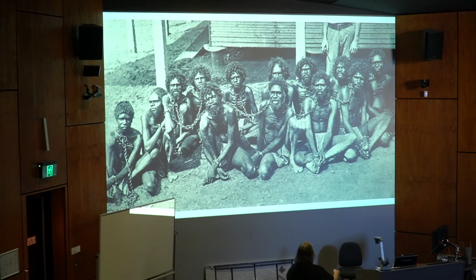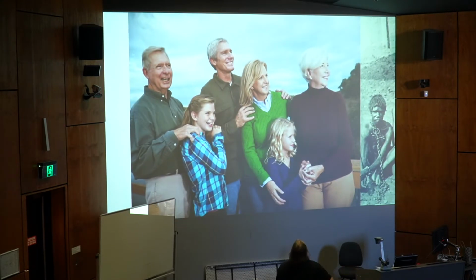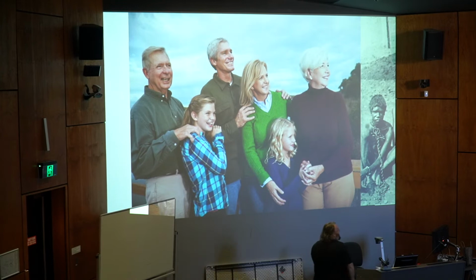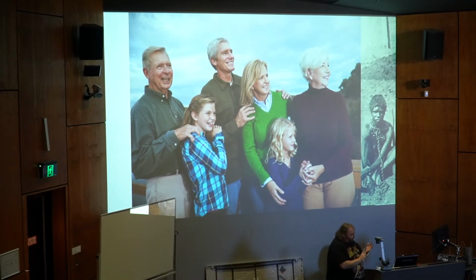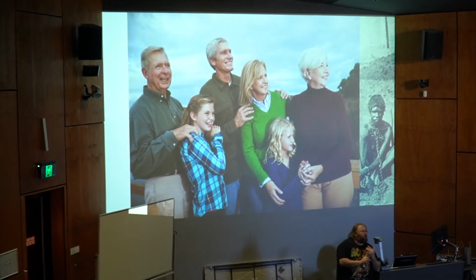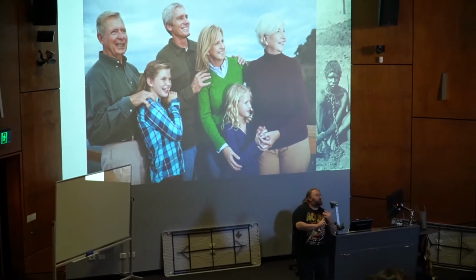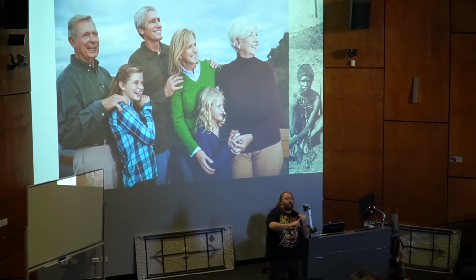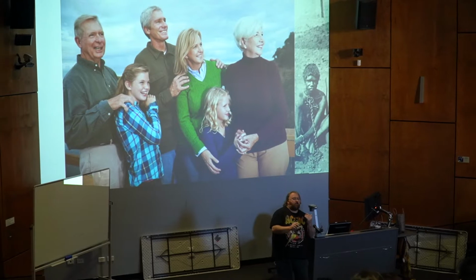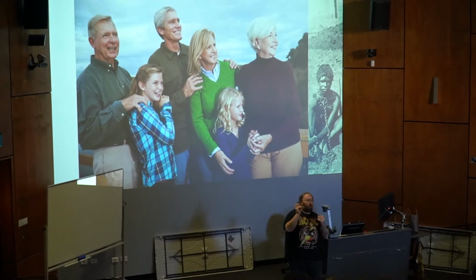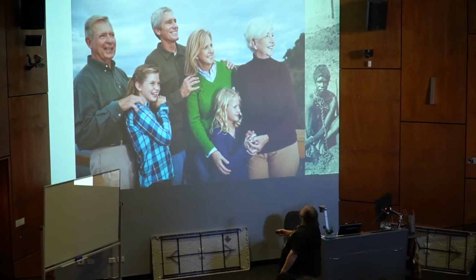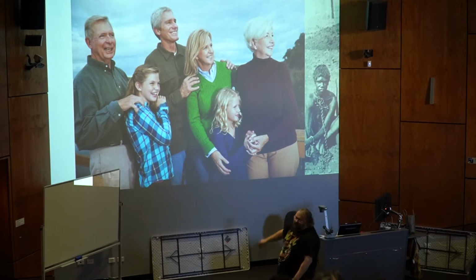If we go back to our happy middle class white family here and you tested them for diabetes, you'd say diabetes happens in one of those people. Probably that guy there. He looks a little bit too happy.